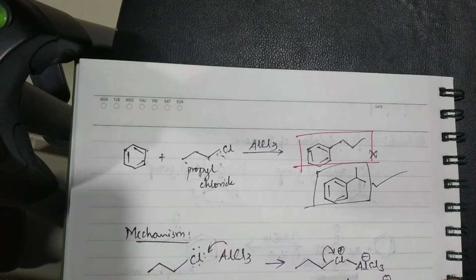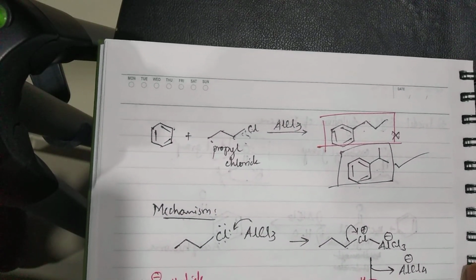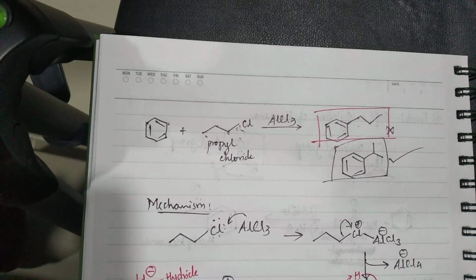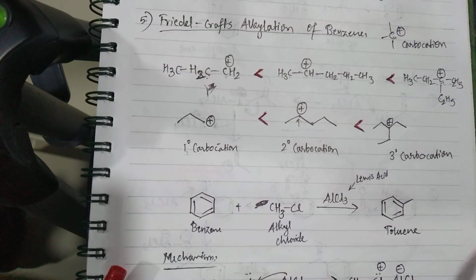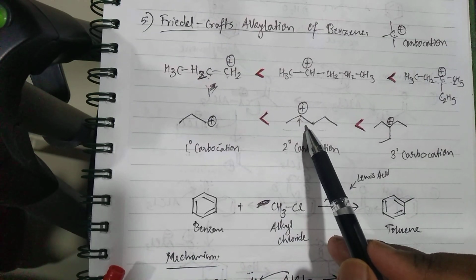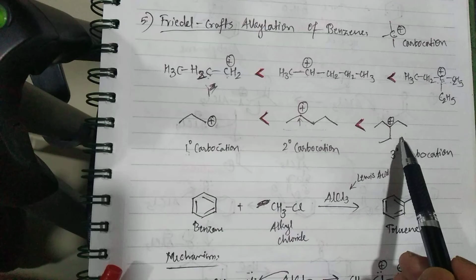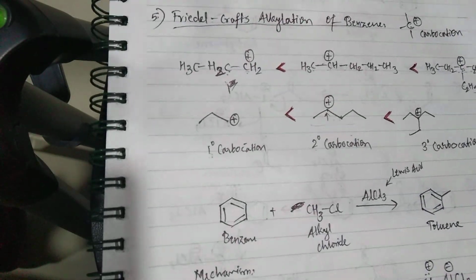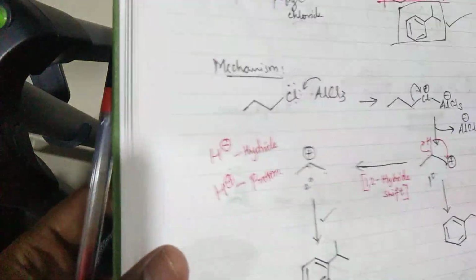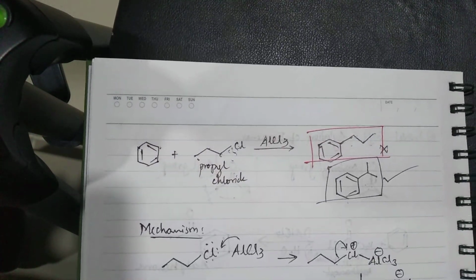Okay, let's have a quick look at the mechanism, and it has everything to do with the carbocation stabilities which I had discussed. Tertiary is more stable than secondary. Secondary is more stable than primary, but less stable than tertiary. Let's keep that in mind. Now let's get to the mechanism.